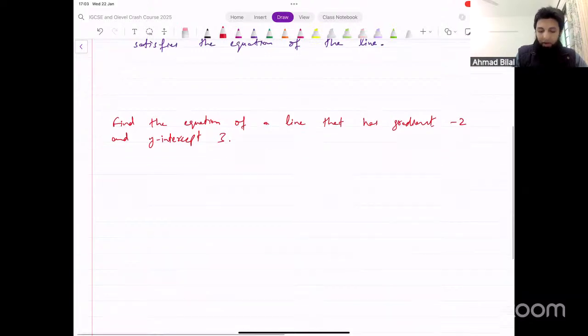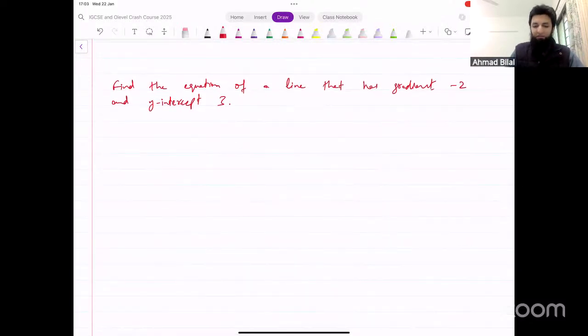Okay, how do you write down the equation of this line? This is fairly straightforward because both the things that you need in this case are already given.